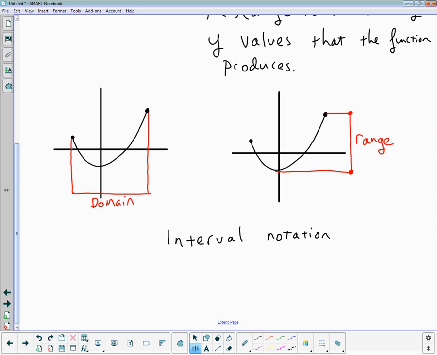Interval notation. If we want to say x is between two numbers, okay? So for example, I don't know all of your birthdays, of course, but I could say that your ages are between probably 14 and 18 or something like that.